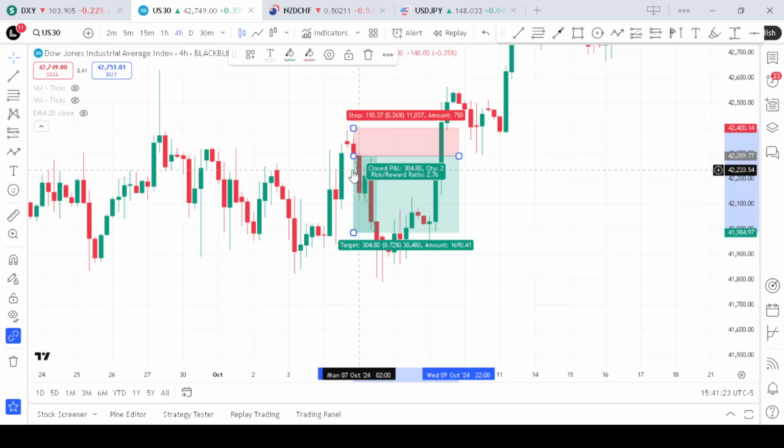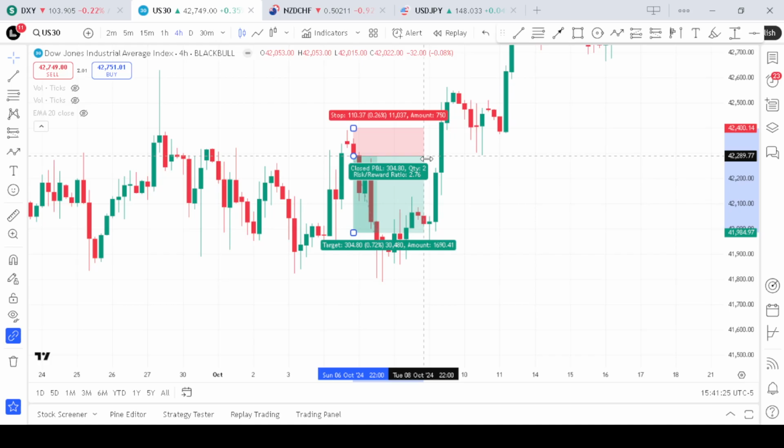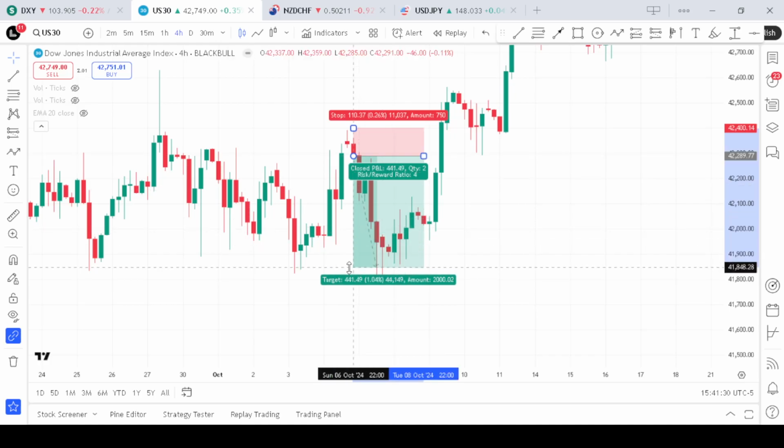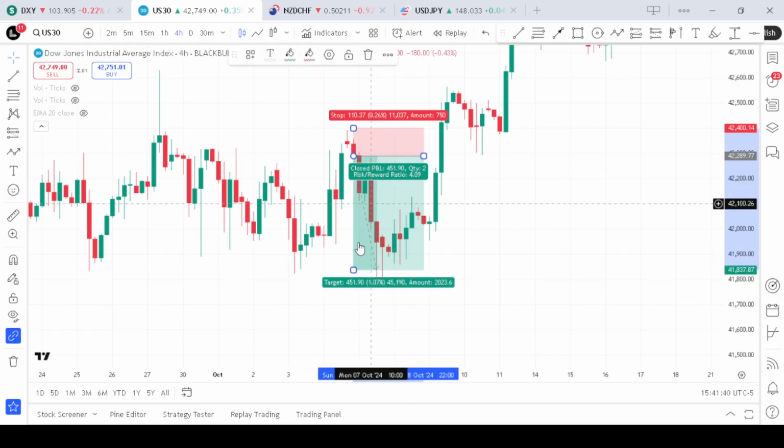How do we exit? We target a 1:2 or 1:3 risk to reward, or we can trail our stop, or we can exit at key support levels. As we can see in this area, we can exit at key support levels or key previous swing areas in the market.